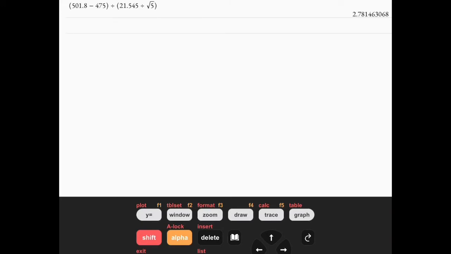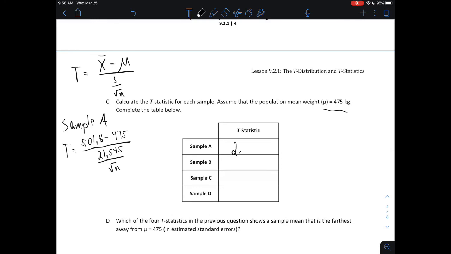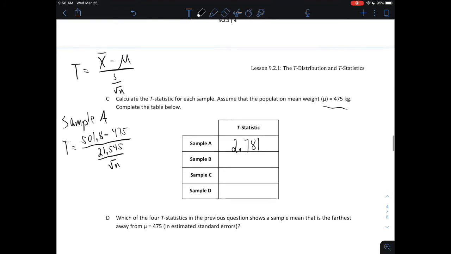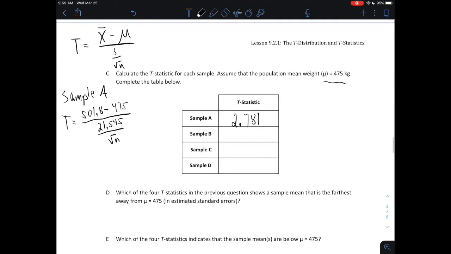And then press enter, and you should get 2.781. So on your own, use the formula and calculate the rest of the t-statistics. And you can check your work against these results.